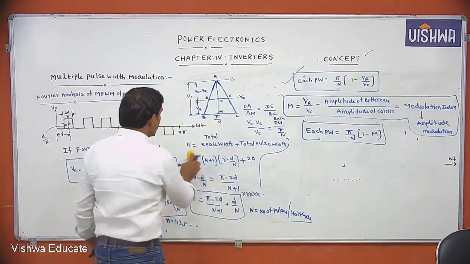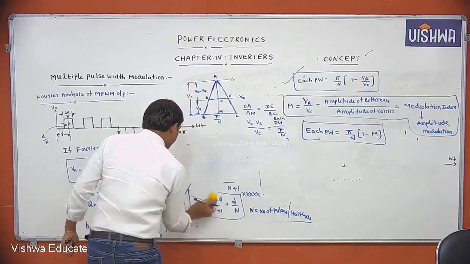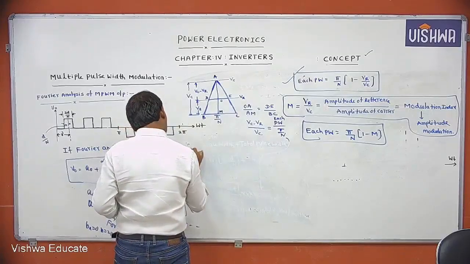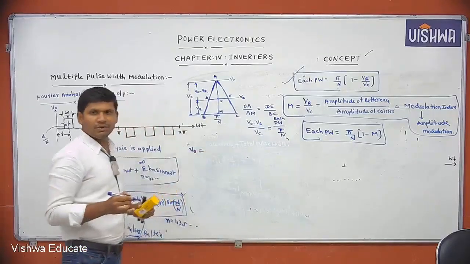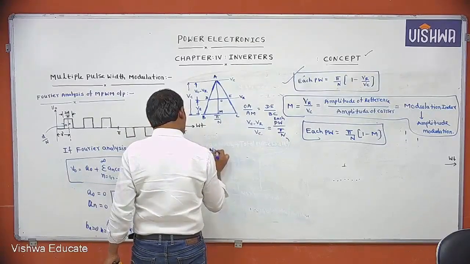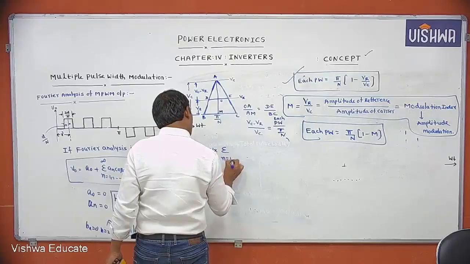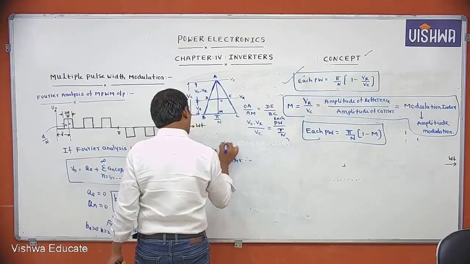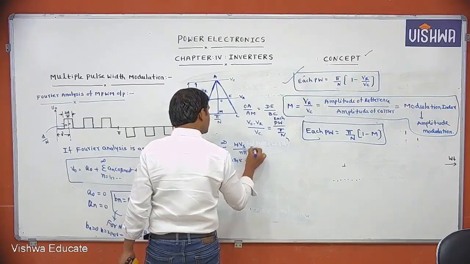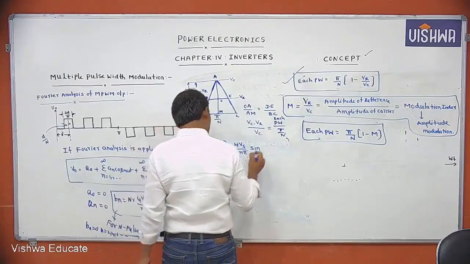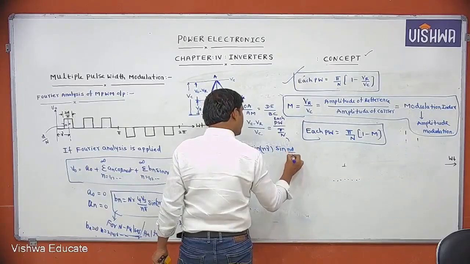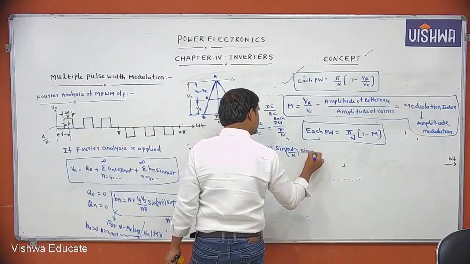By substituting, the instantaneous output voltage in multiple pulse width modulation is V0 equals summation n equals 1, 3, 5 up to infinity of 4 Vs by n pi sin n gamma sin nd by 2 sin n omega t.